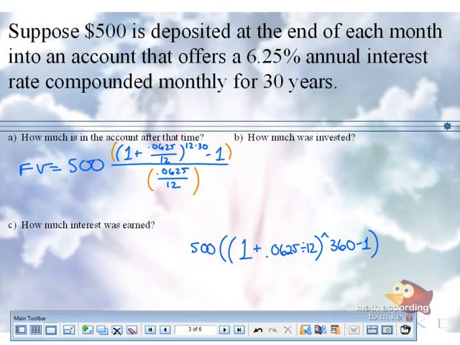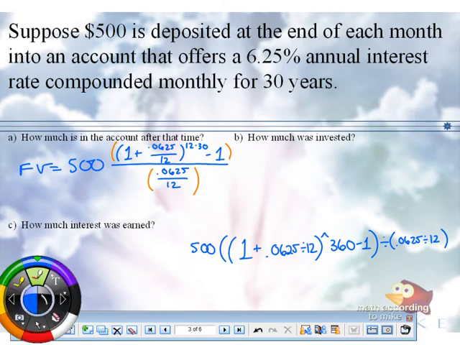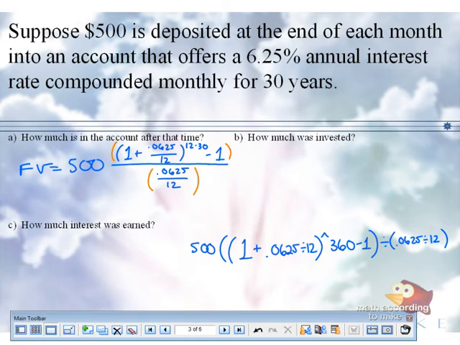Now we do the divided by. Parenthesis to start the denominator, 0.0625 divided by 12, and a parenthesis to finish the denominator. So that is how you would type it into your calculator: a set of parentheses for the numerator, a set for the denominator.